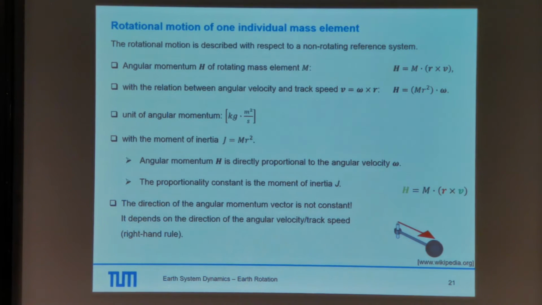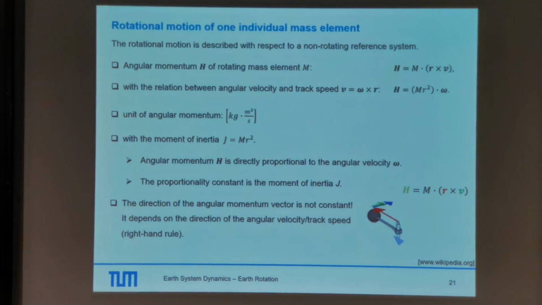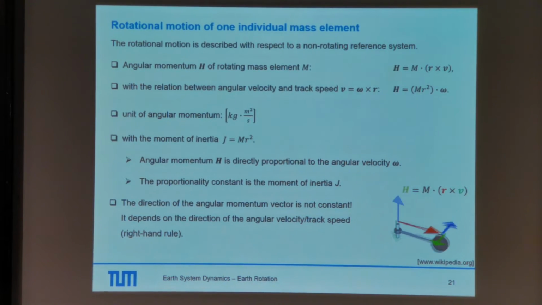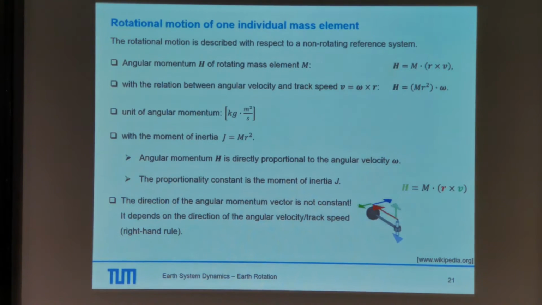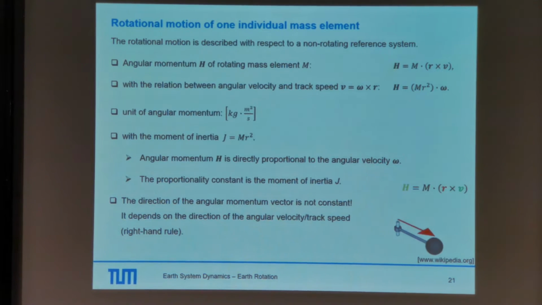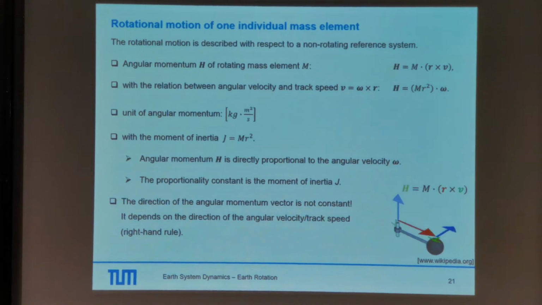The direction of the angular momentum is not constant, and it depends on the direction of the track speed. So that was the right-hand rule. If we have the position vector with the pointing finger, the track speed with the middle finger, then the thumb gives the direction of the angular momentum, so capital H vector.